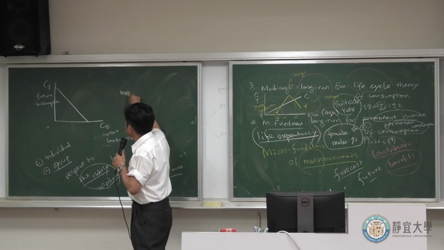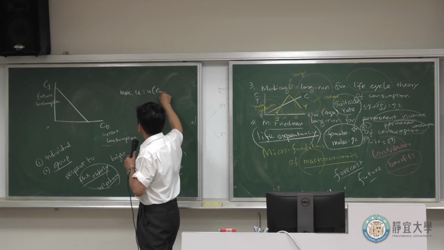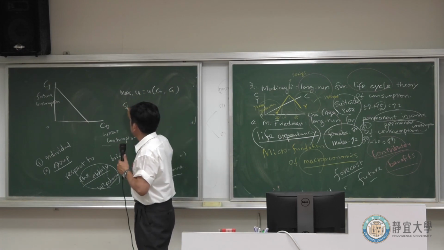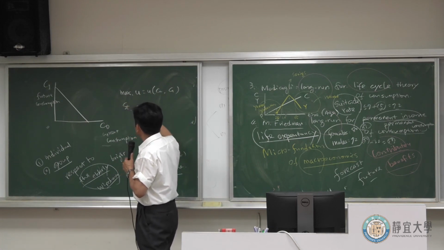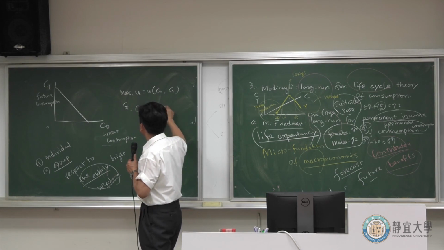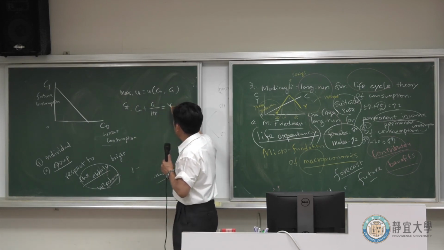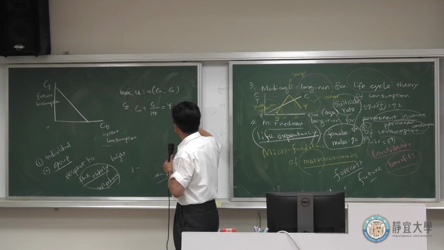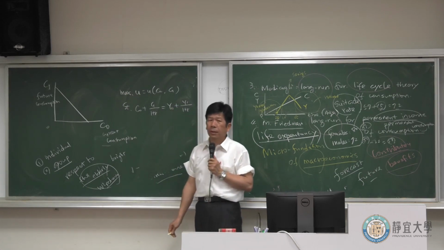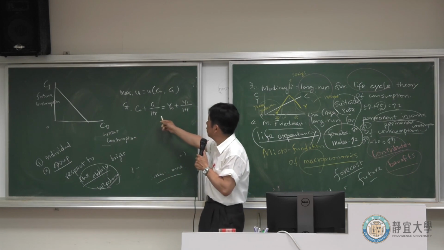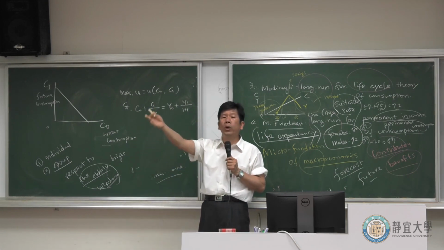We can write down: maximize U(C0, C1), subject to C0 plus C1 over (1 plus r) equals Y0 plus Y1 over (1 plus r). This represents our whole life.